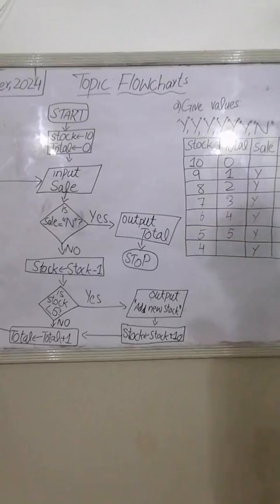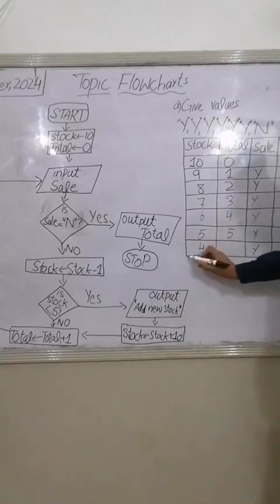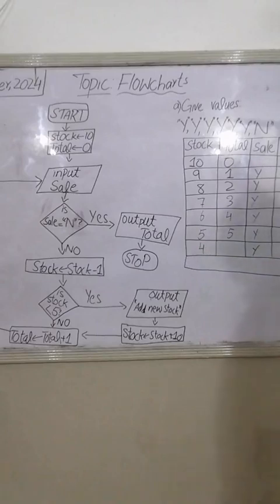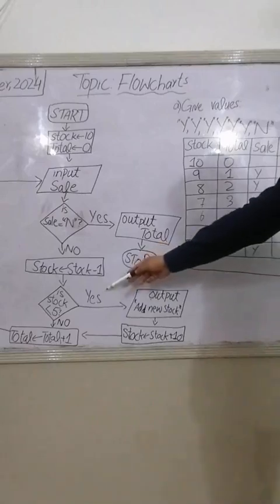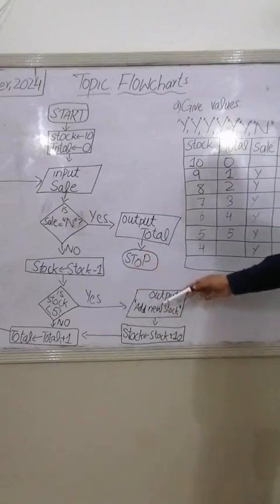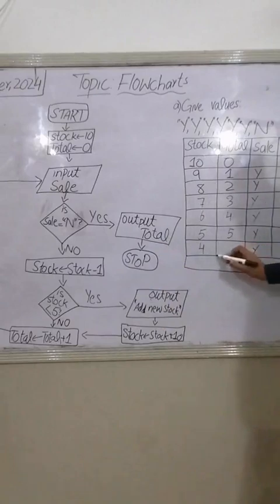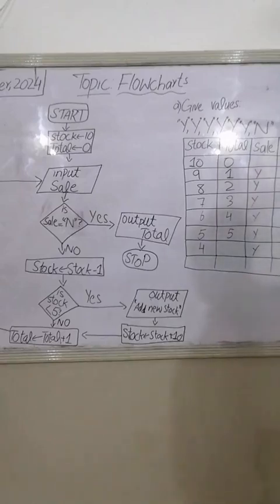So is stock lesser than 5? Yes, this time stock is lesser than 5. So it means this time we will move to the yes part, this one here, right? So what do we have here? The condition here is output add new stock.